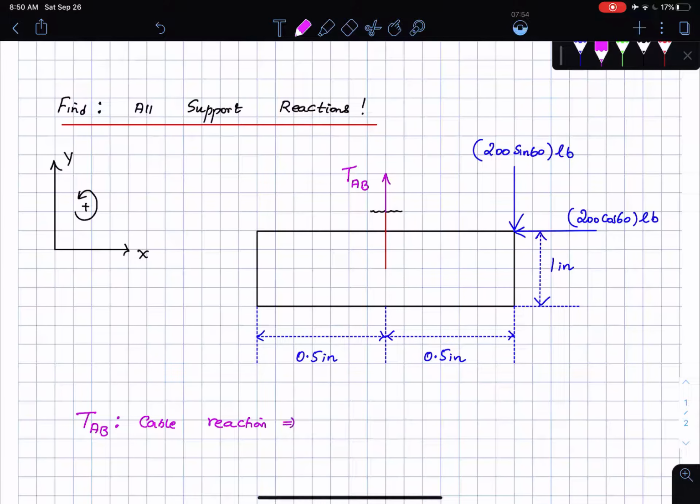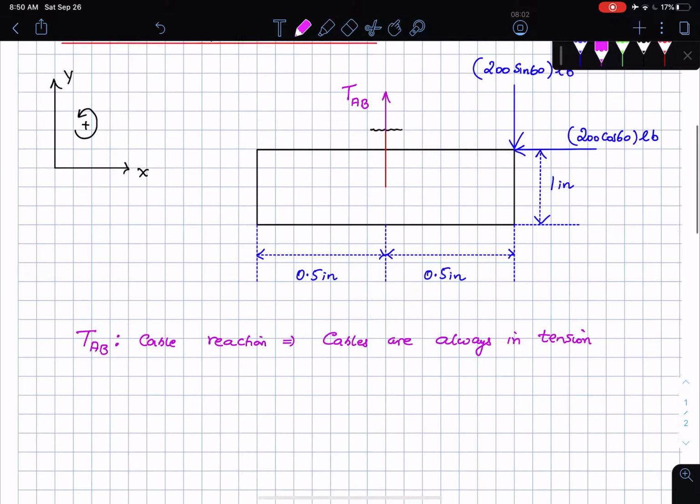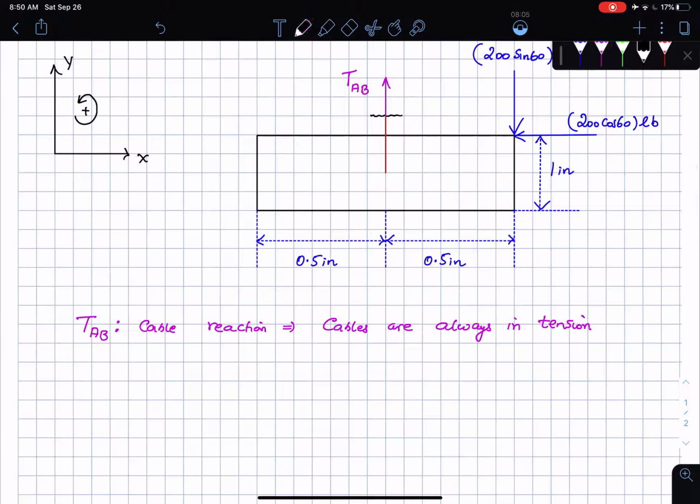Cables are always in tension. Let's say, for example, I have a cable from one point to the other. This is just drawing it hypothetically, not a real picture of any kind. So this is cable AB.